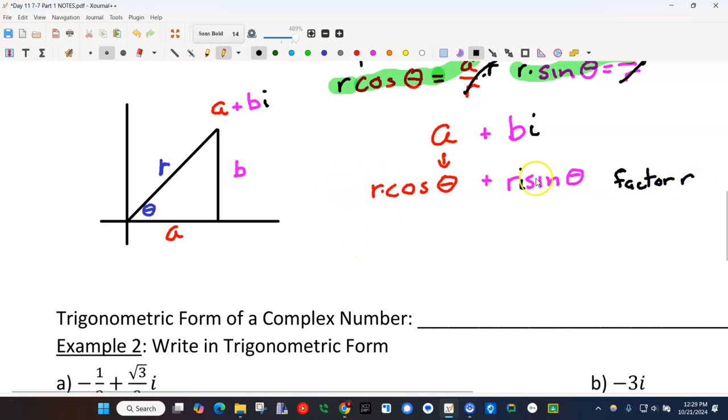So I can take r from here, and we write it with parentheses, since we factored it out. And then we get our trigonometric form, which is cosine theta plus i sine theta.